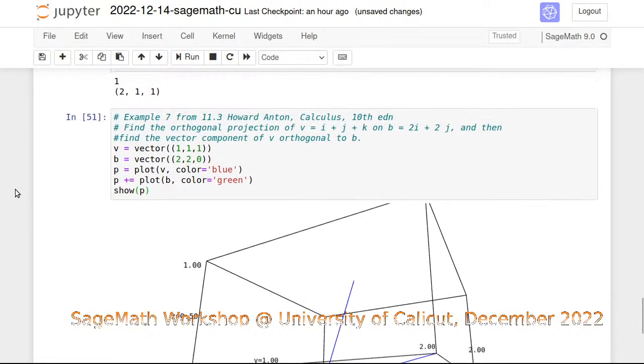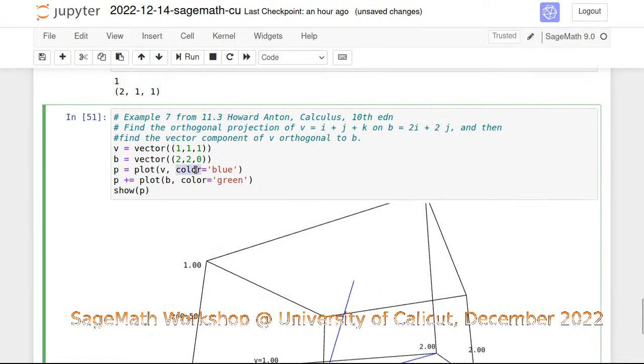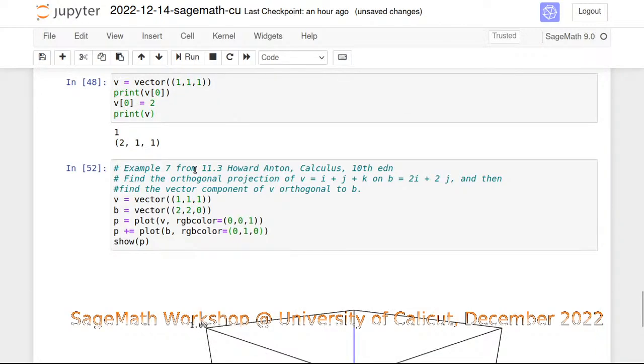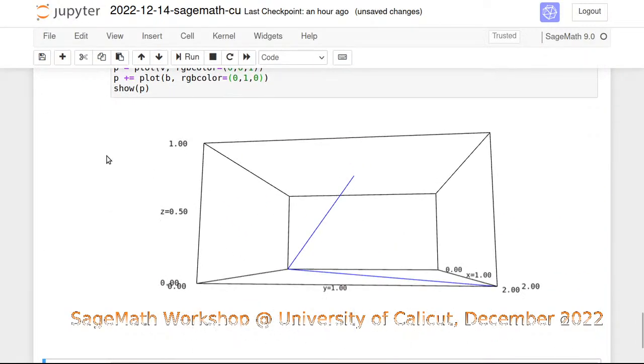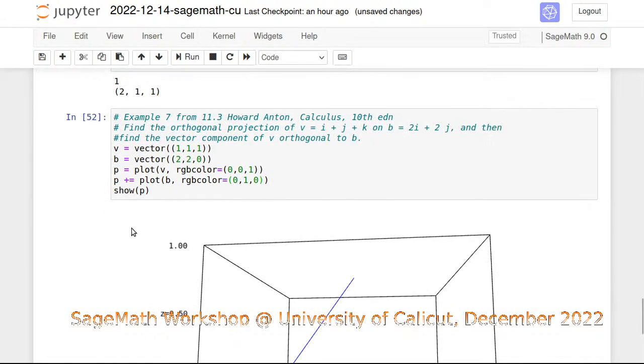I don't know why it's coming like that. Maybe I should use RGB color? RGB color with vector might be creating some problem. So color in the RGB format. Will it work? Oh, even that is not working. But previously it was working, I guess, right?